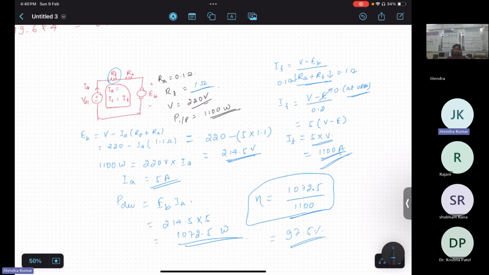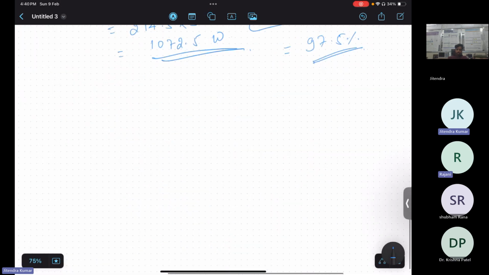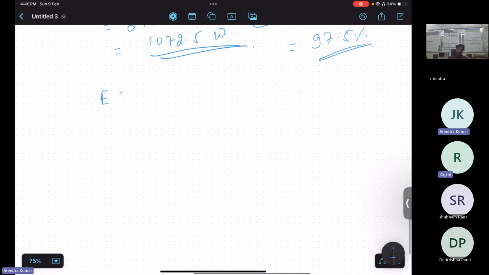So, the EMF equation you know, right? Total induced EMF in a DC machine is Z phi N by 60 into P by A. What is A?